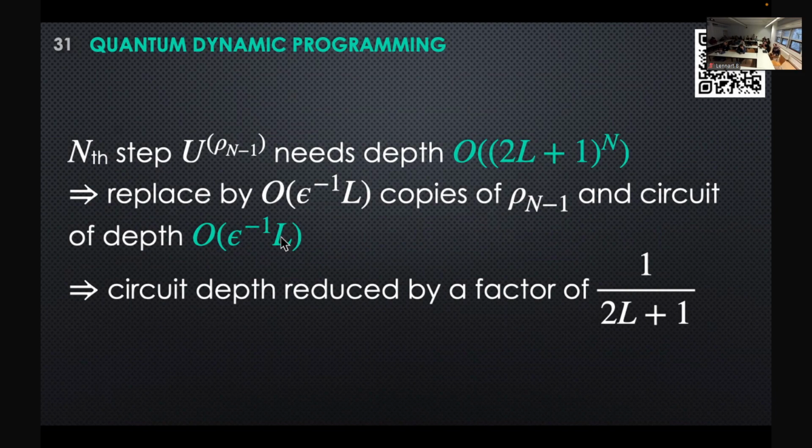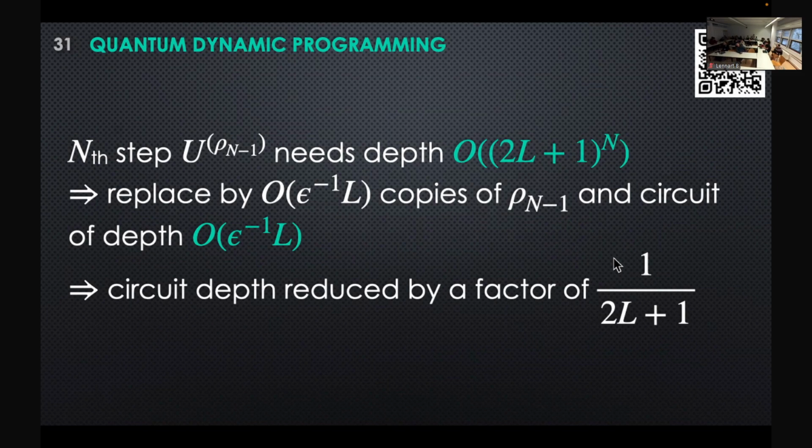We replace it by this number of copies of rho of n minus 1 and some circuit whose depth is just L/epsilon. Because the entire circuit depth is dominated by this last recursion step, we reduce the total circuit depth by a factor of 1/ε² plus 1 by just replacing the very last recursion step with this memory usage queries.